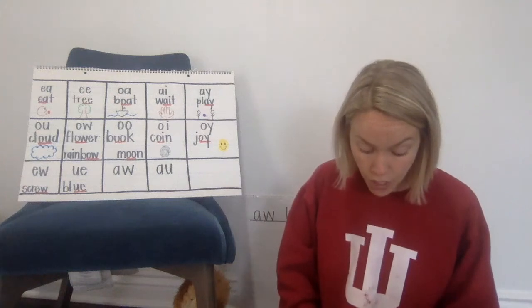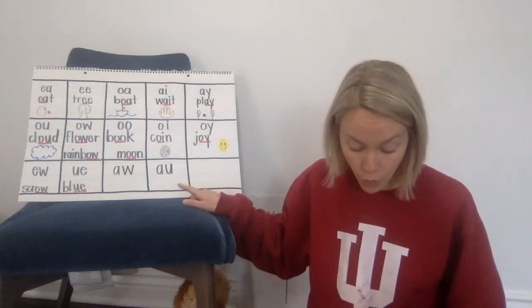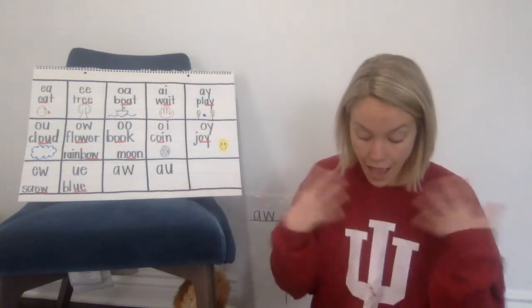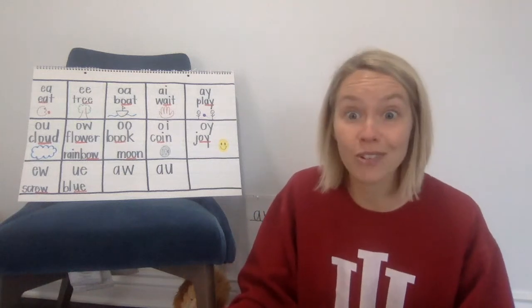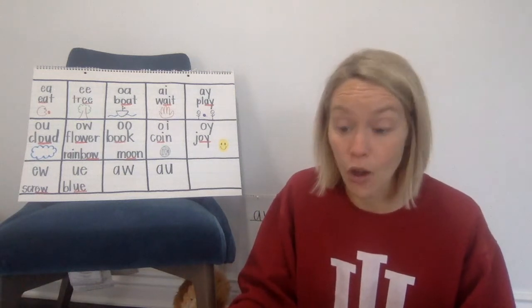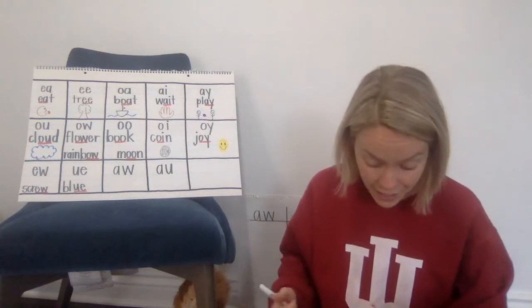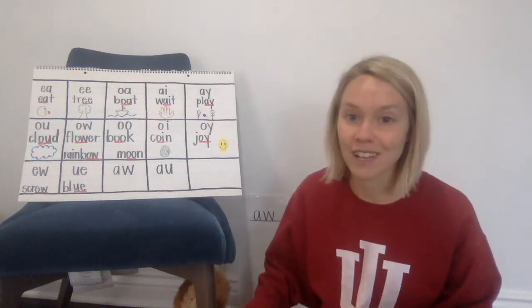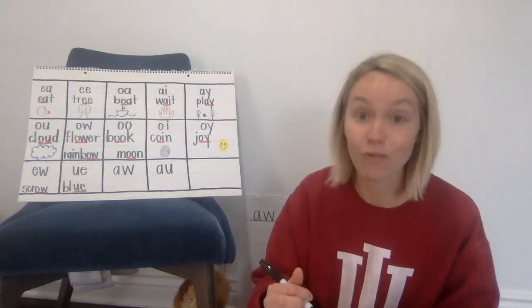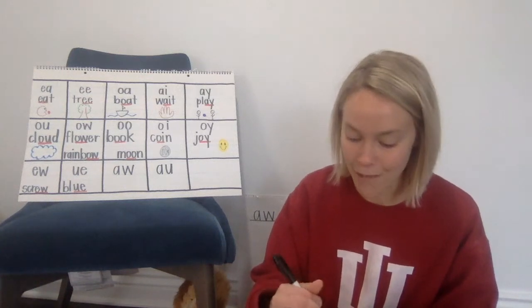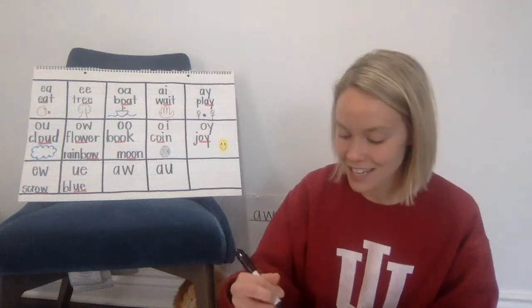Okay, so we're going to look at these two vowel teams, and we're going to see how we can use them. And you know what? I was thinking of a snap word that we know that has the vowel team AW in it. Can any of you guess what snap word that is? I bet some of you've got it.